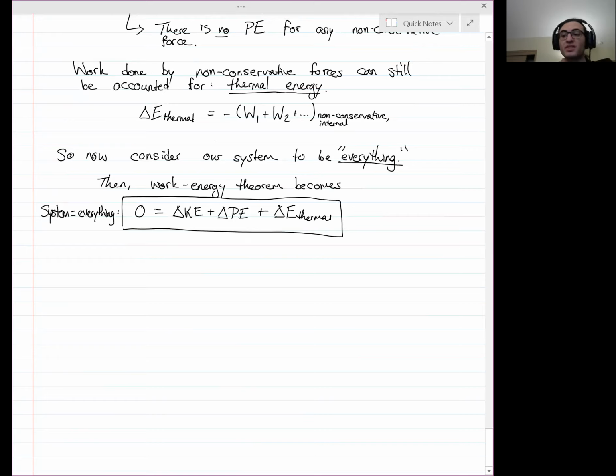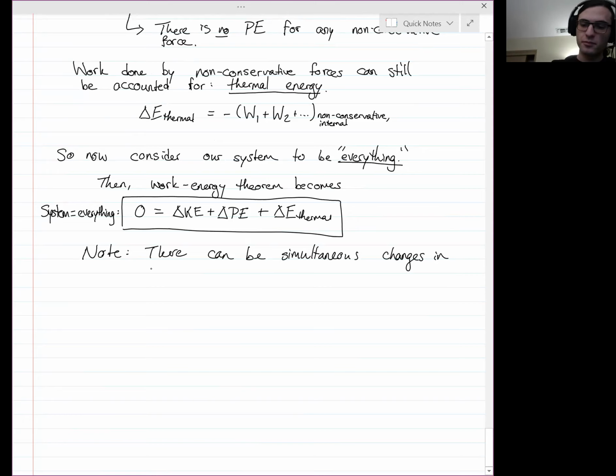Something to keep in mind is that there can be simultaneous changes in different potential energies or thermal energies. What I mean is that if your gravitational potential energy goes down, it doesn't necessarily have to go to kinetic energy.